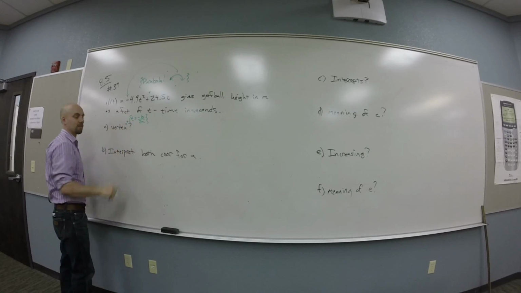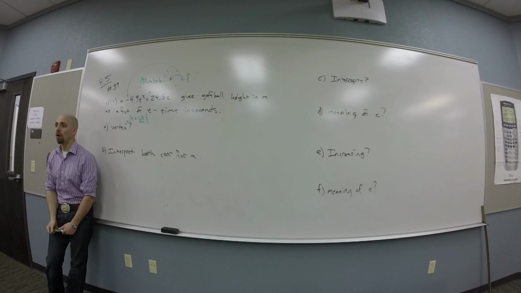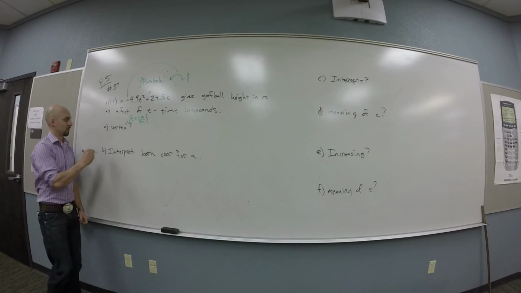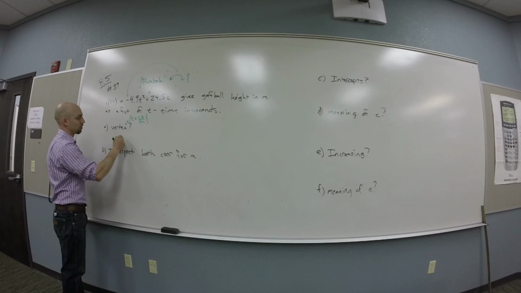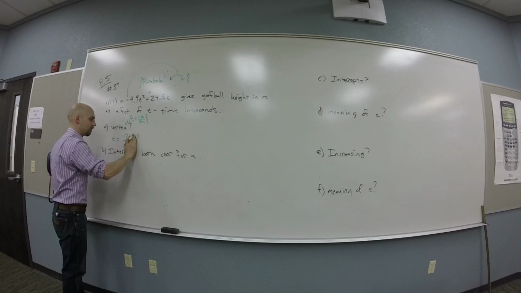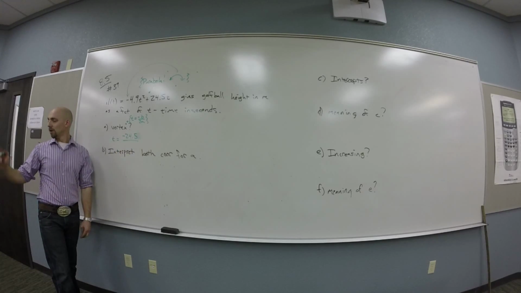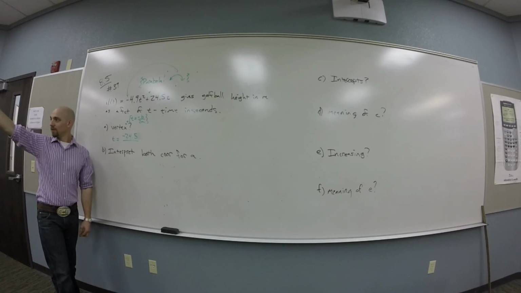Right, so I might think to myself, the vertex has first coordinate negative b over 2a. So what's that in this case? t is negative 24.5 over 2, because of the negative on the b. So the negative b over 2a, that's the vertex formula?